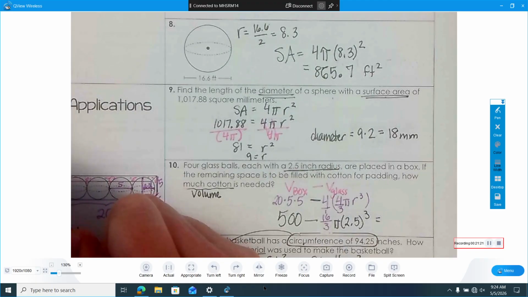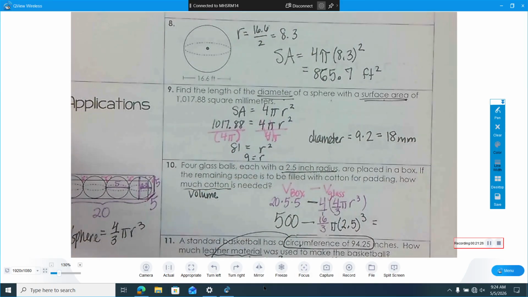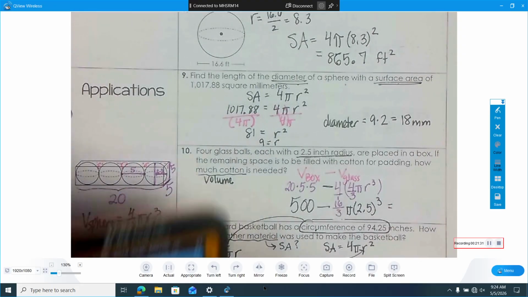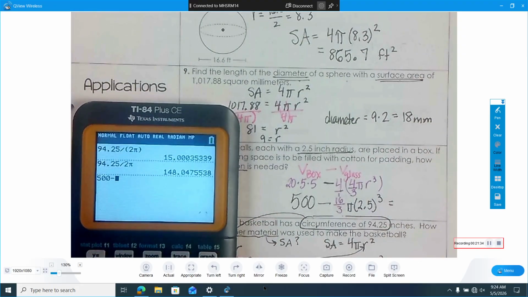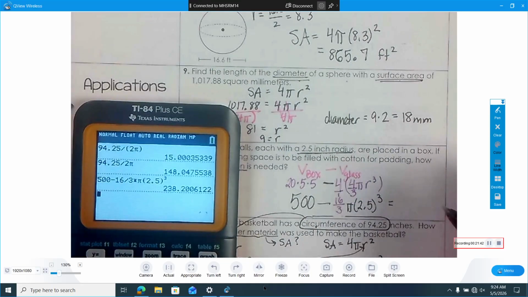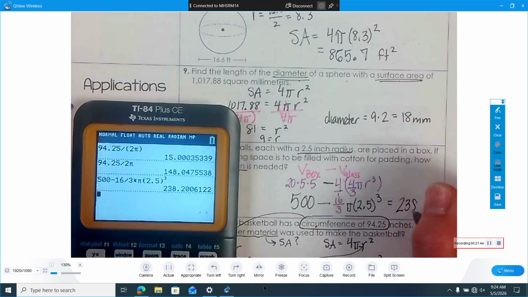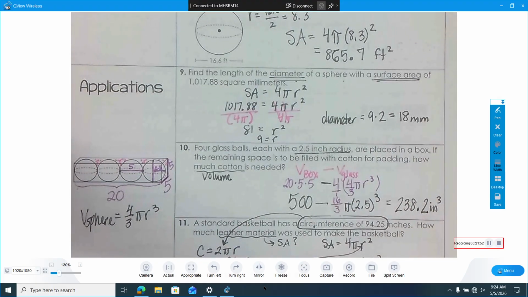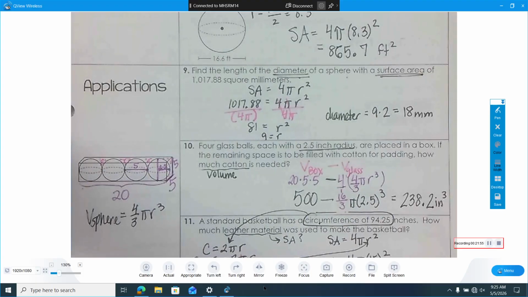The volume of a sphere was 4/3 pi radius cubed. Yeah? All right. Are we all together now? 500 minus 16 over 3 times pi times 2.5 to the 3rd power? There we go. 238.2 inches cubed. Are we done? Yeah, you're done.